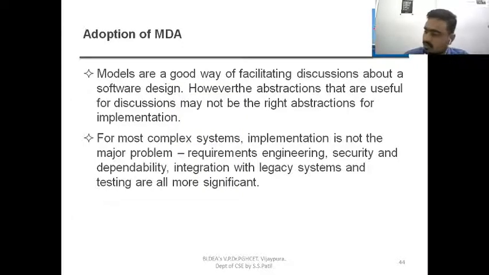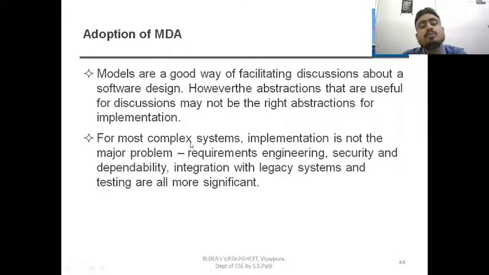So when it comes to software design, you are executing model by model, and when you combine all the models, you have to think about whether it is going to work or not. It may not be the right abstraction for the implementation. Sometimes it executes, sometimes it does not.